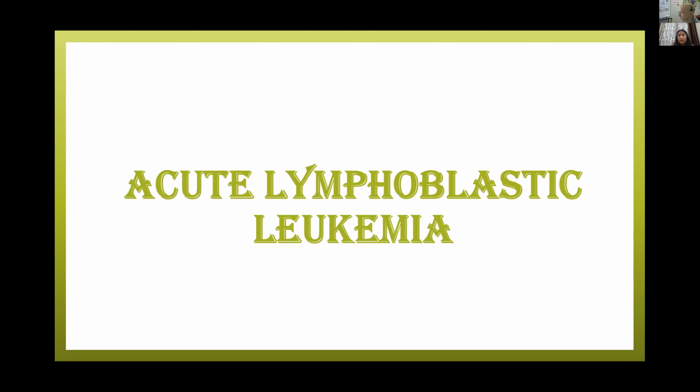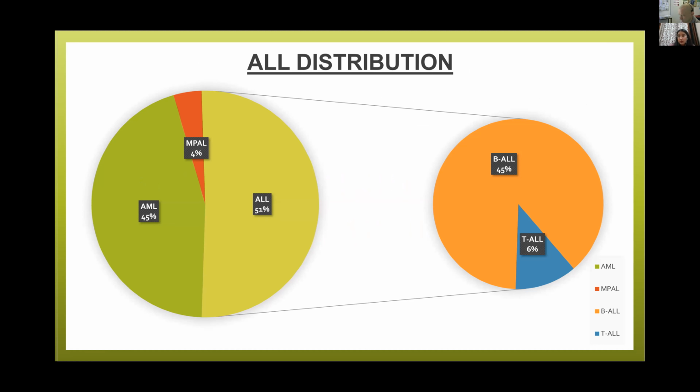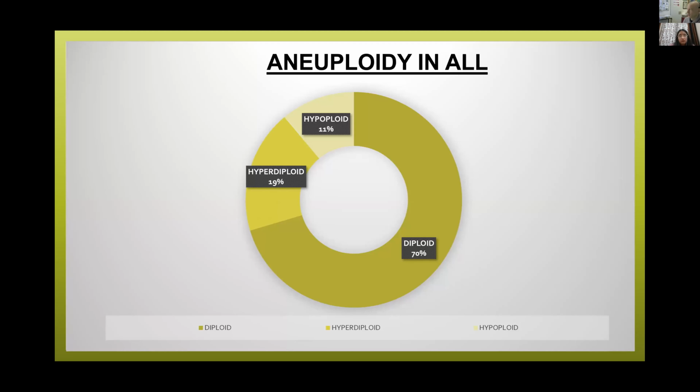Now, coming specifically to the acute lymphoblastic leukemia population in my study, as I had told already, 51% of our cases were of ALL, and 45% were of B lineage. Aneuploidy in ALL: I had 30% aneuploid cases in my ALL population, out of which 19% were hyperdiploid and 11% were hypoploid.